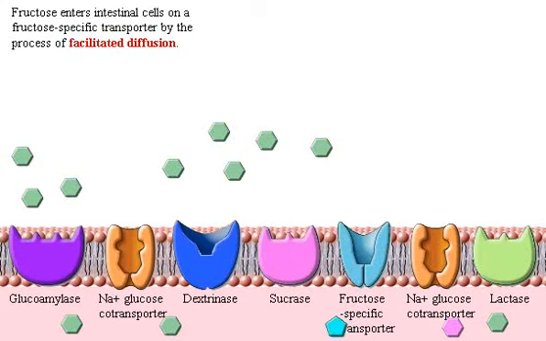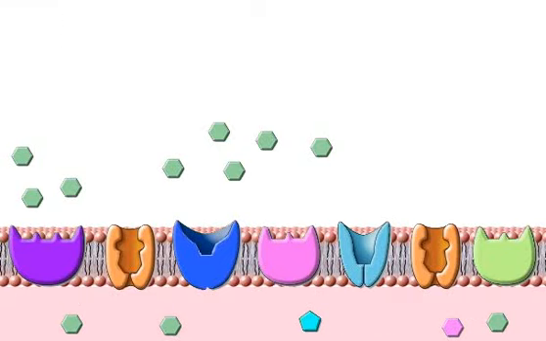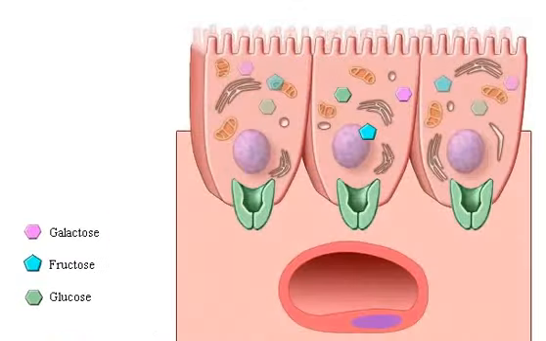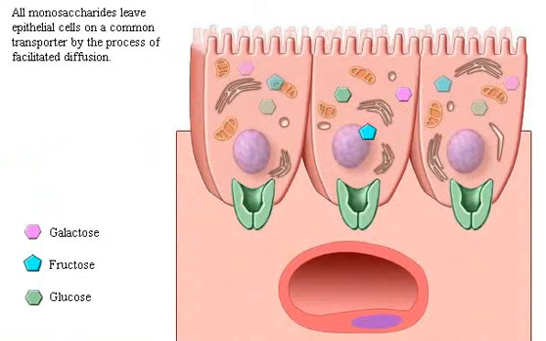Fructose enters intestinal cells on a fructose-specific transporter by the process of facilitated diffusion. Click the membrane to continue. All monosaccharides leave epithelial cells on a common transporter by the process of facilitated diffusion.